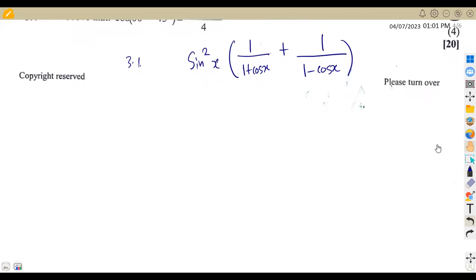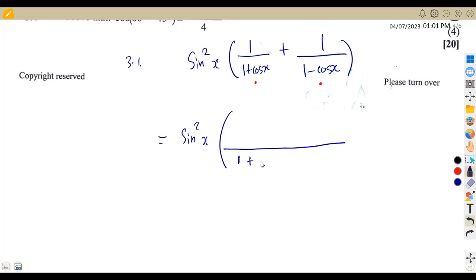Just like our normal addition and subtraction of fractions, we can also do the same thing, combine this into a single fraction. That means we are going to have sine squared x into, if we combine, we have to find the LCM of these two, which is 1 plus cos x and 1 minus cos x.